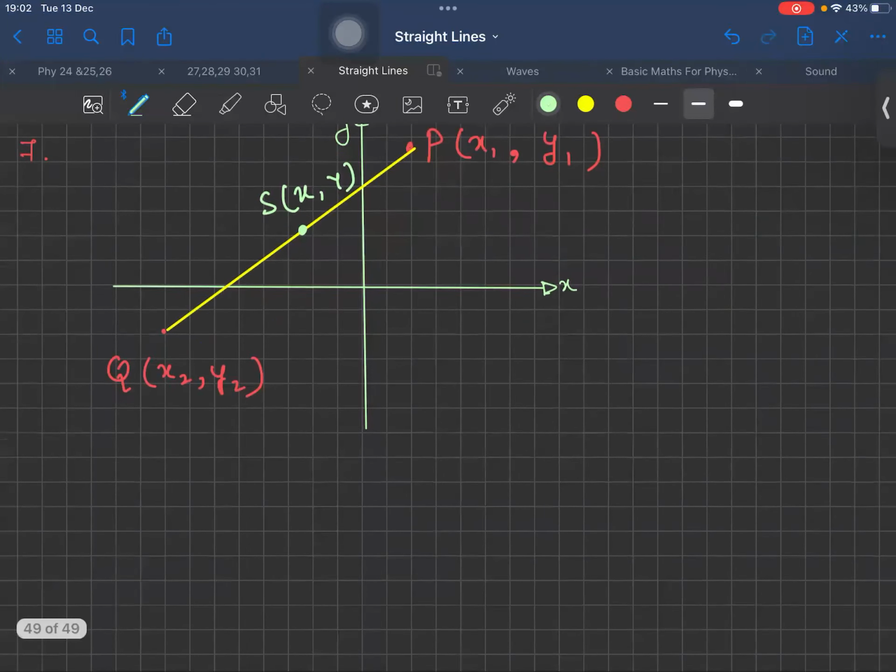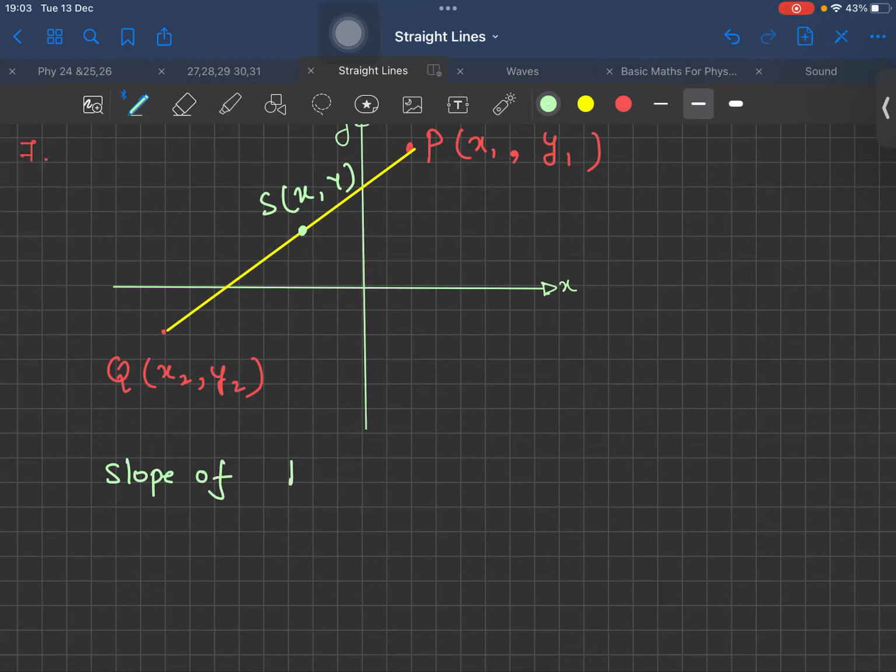So slope of PQ should be equal to slope of QS, should be equal to slope of PS.